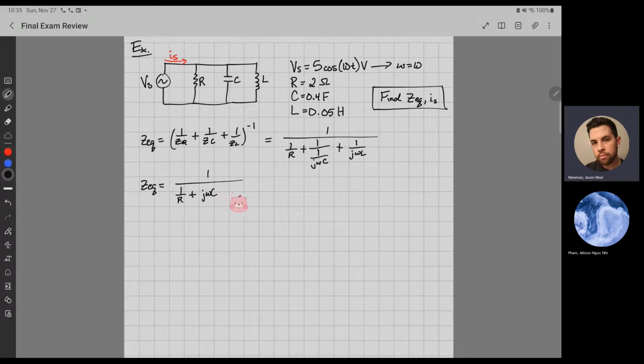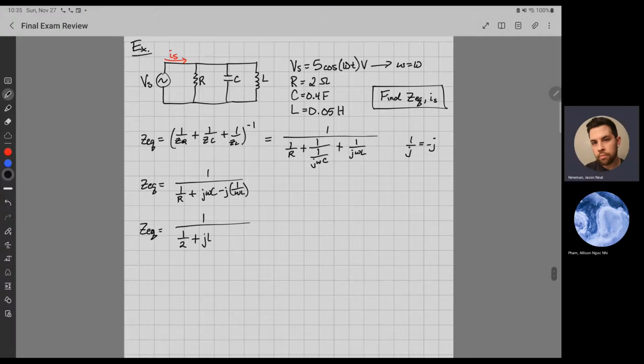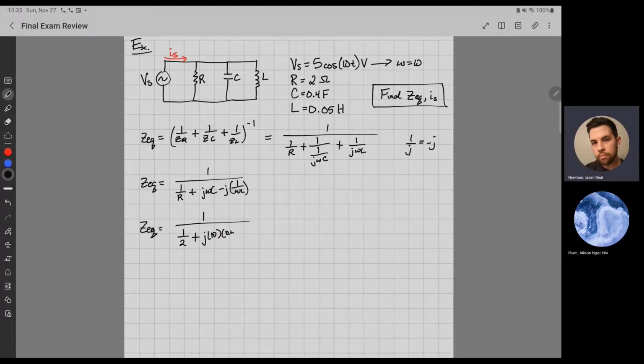And then 1 over j is equal to negative j, so we pull that out, leaving 1 over omega L. Now let's start plugging in numbers: Z equivalent is 1 over 2 plus j, where omega is 10 and C was 0.4, minus j, times 1 over omega, which is 10.